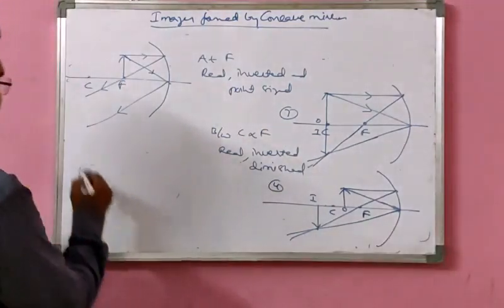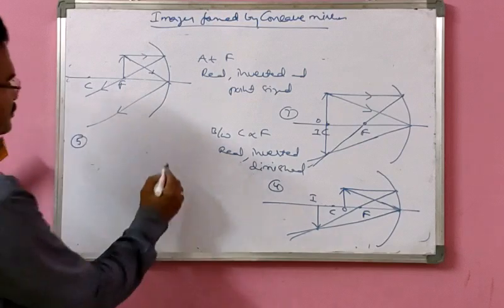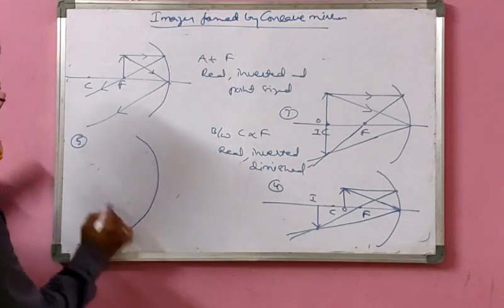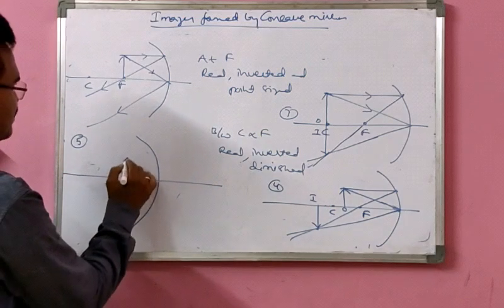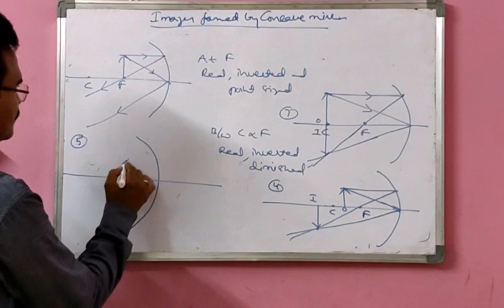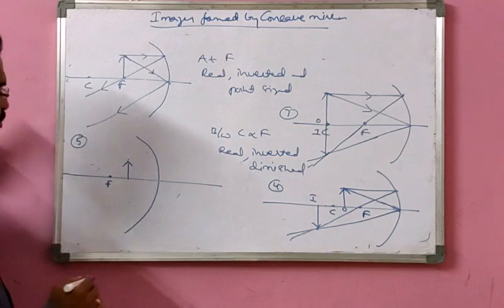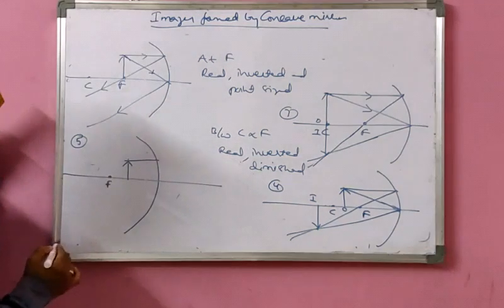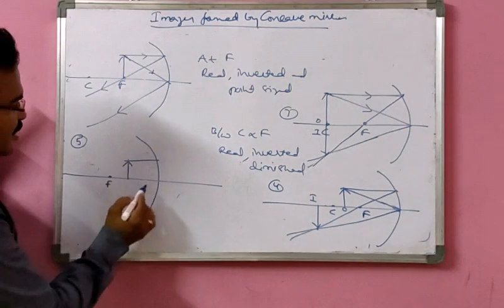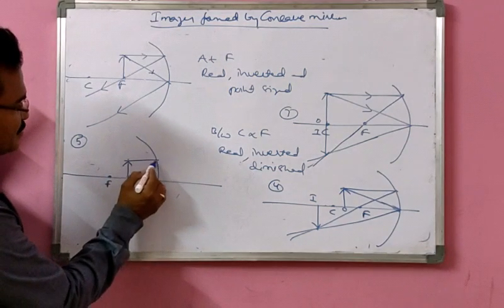Now the last one, which is very important here. So this is F here, an object is placed here. So this is the object here. So again the same method. So first of all, a ray comes here like this. So what happens here?